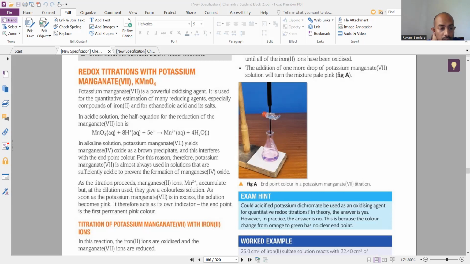So the endpoint is colorless to first permanent pink.